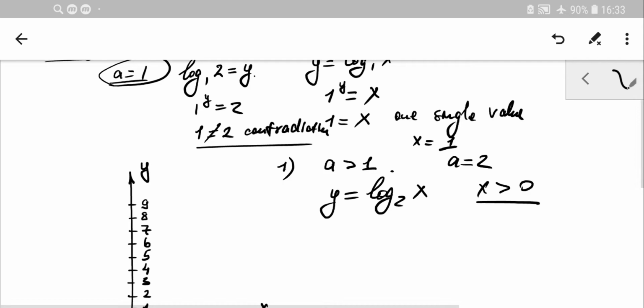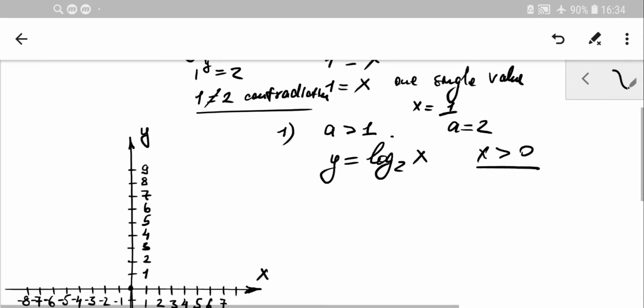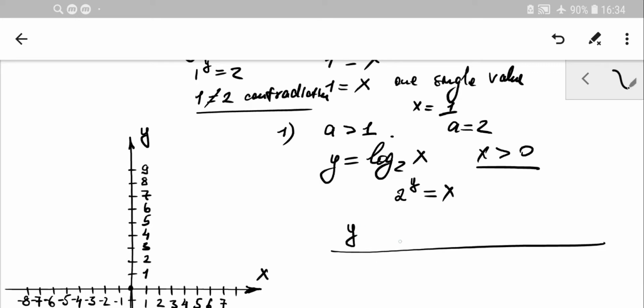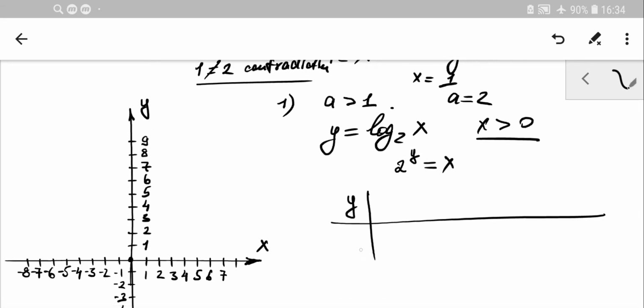Okay, so what are we going to do? We can use an exponential form for technical usage: 2 to the power of y equals x. From there we can set up a table for x and y values. We first run y through some specific values and see what x might be in this case.